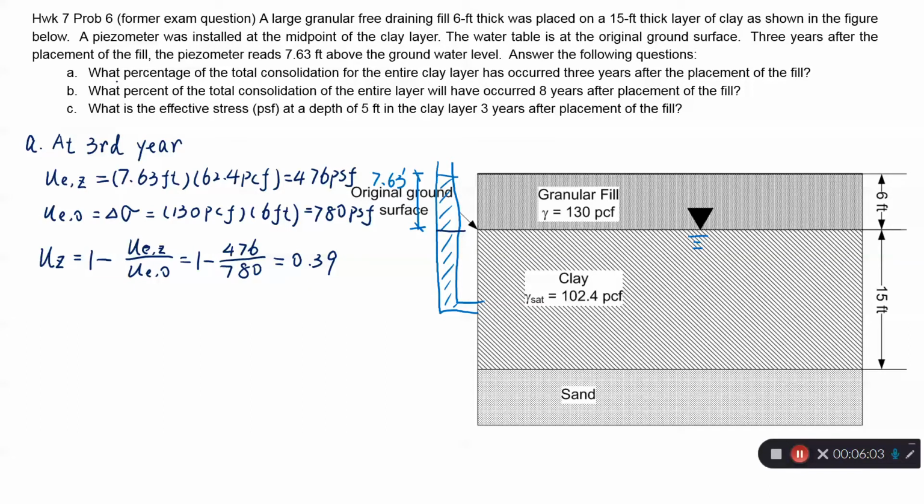And it asks for the percent of the total consolidation, so it actually asks for the percentage, so it asks for U.